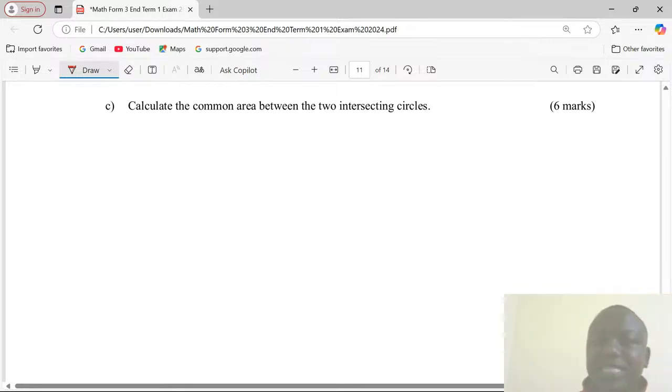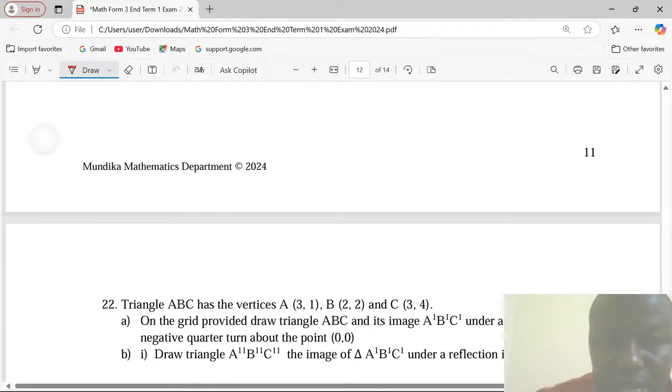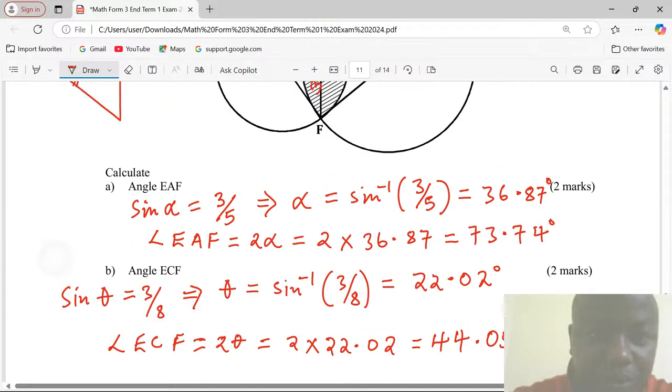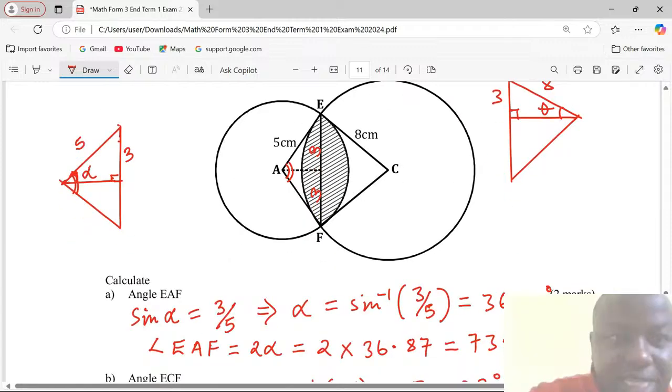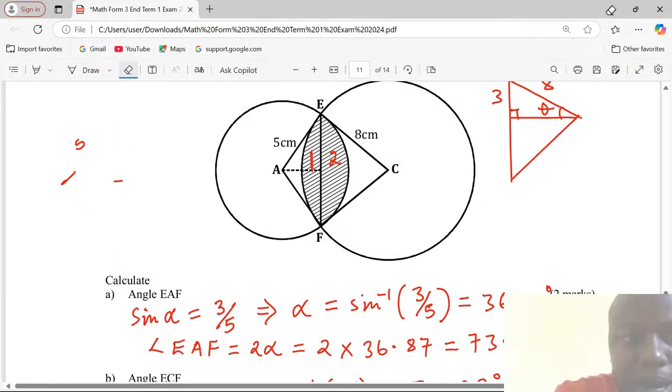Calculate the common area between the two intersecting circles. So the common area, we can see it's a joint chords, whereby if I say, for example, this is area 1 and this is area 2, the first area is a segment. We call it a segment. A segment is an area bound by a sector and a triangle.